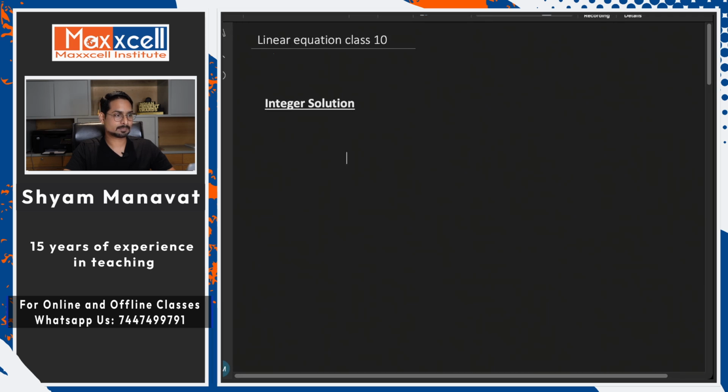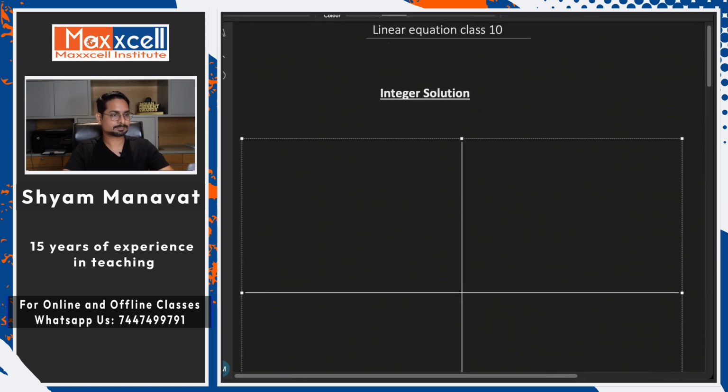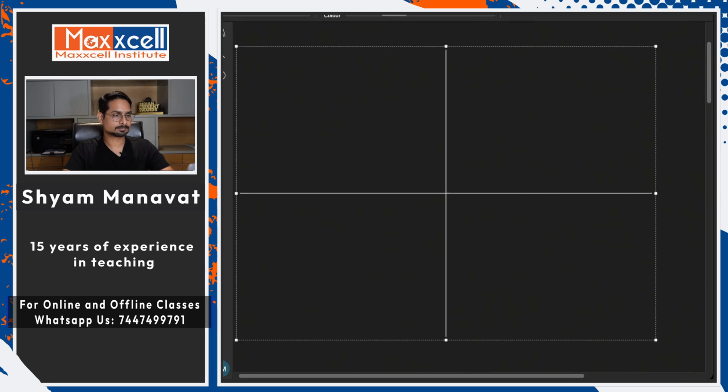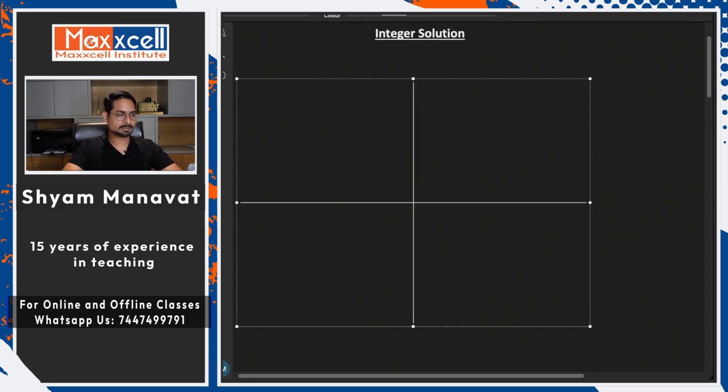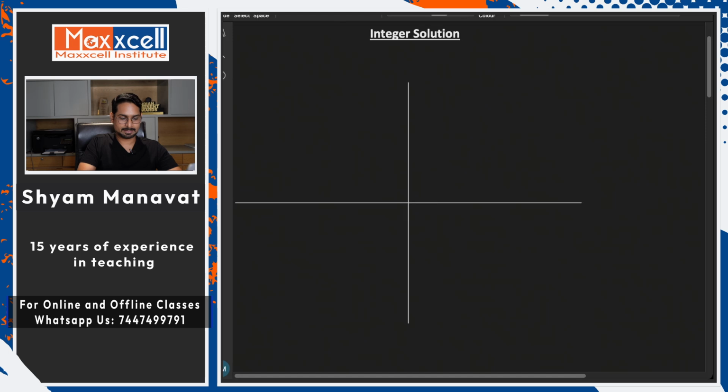Let me give you a walkthrough of the graphical representation of a linear equation. You understand the horizontal axis is the x-axis and the vertical axis is the y-axis, right? The intersection of both the axes is the origin, 0.